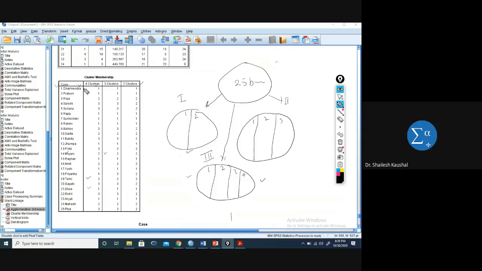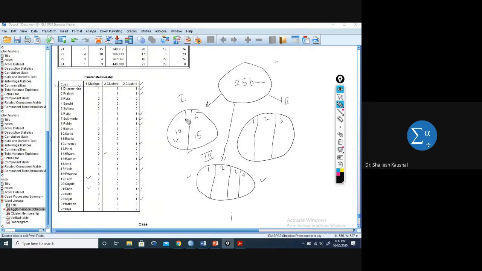Ten people will come in this cluster, and in the second segment, out of total 25, it means here 15. Okay, 10 people will come in the first cluster.